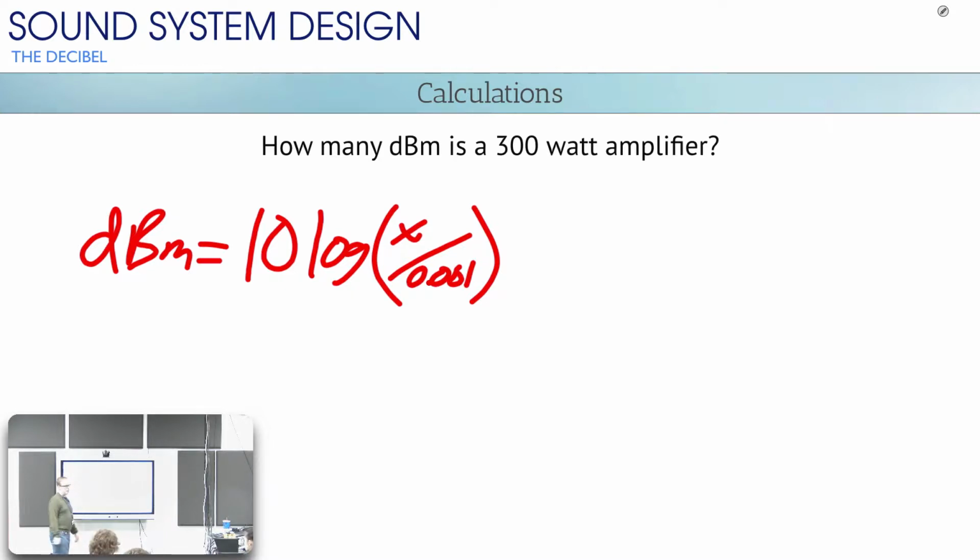So we can take any power level, plug it in for x, and we will get that power level in dBm using this formula. Okay? So in place of x, we're going to put 300. So 10 times the log of 300 divided by 0.001.